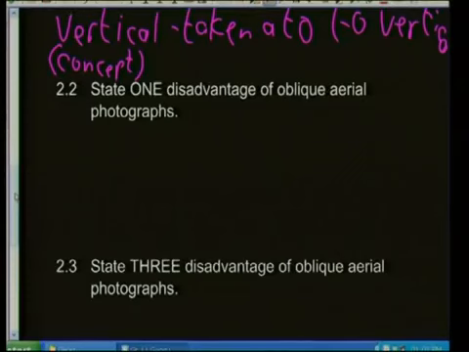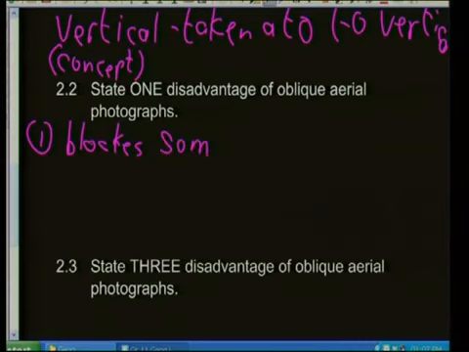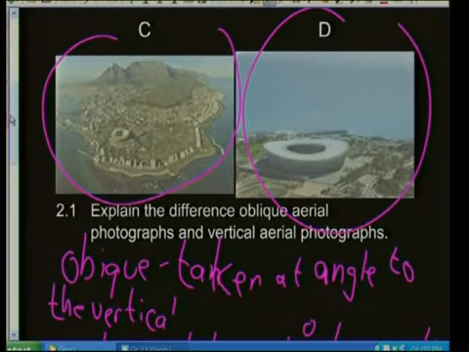In this one, we took some advantages and disadvantages of oblique photographs. What's a disadvantage of oblique photographs? One, it blocks some features, as maybe we can see down here. Behind the stadium, you may not see what's there because the stadium is actually blocking it.